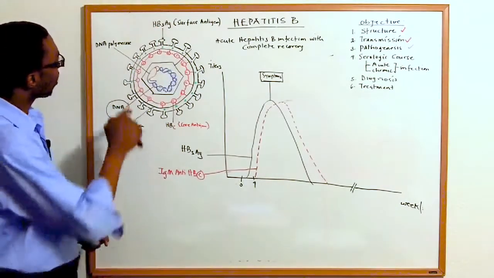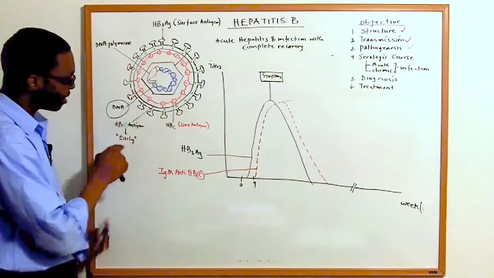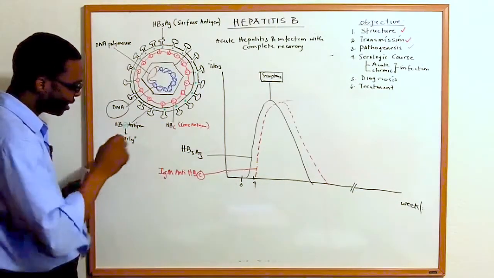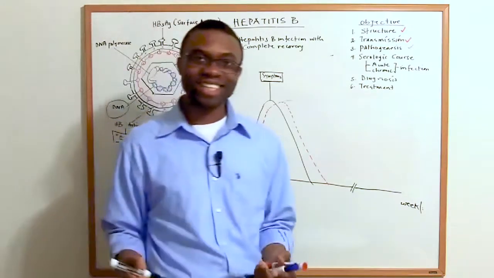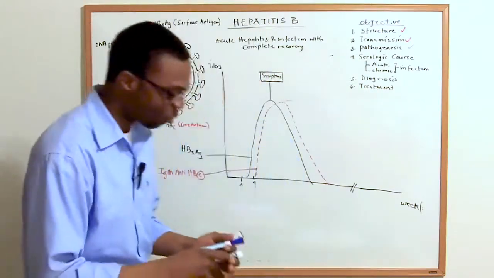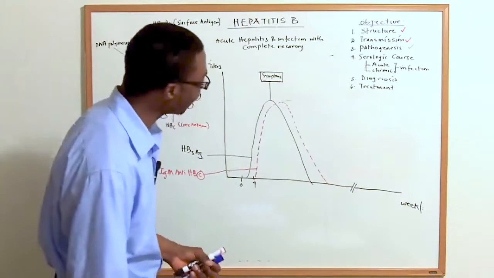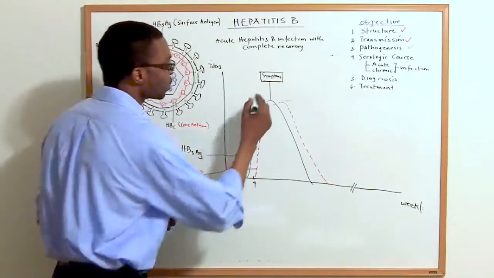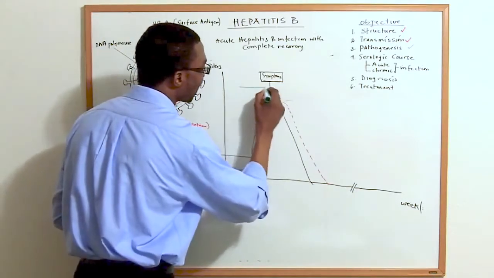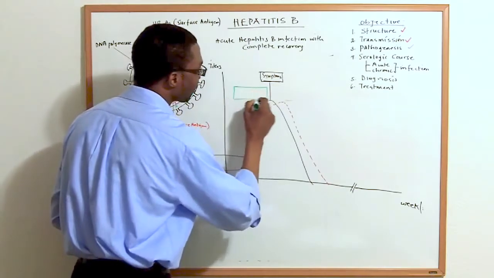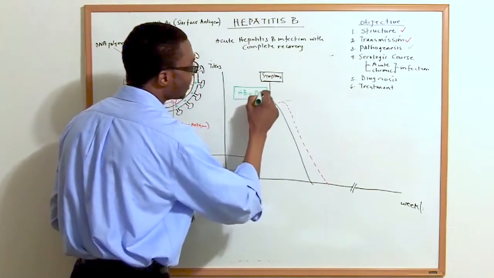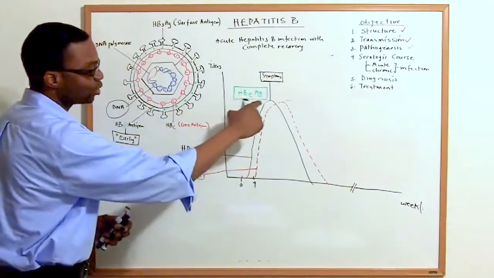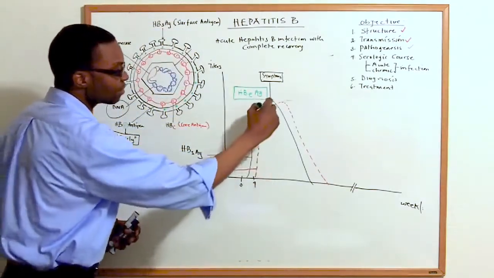But wait a minute. What about the E antigen? Why do we call it early? Oh, it's early for a reason, because during an early stage of the infection, we can also detect this inside the bloodstream. So it's also important to note that we can draw a little graph here and say the hepatitis B E antigen is going to be present during the acute phase of the reaction.